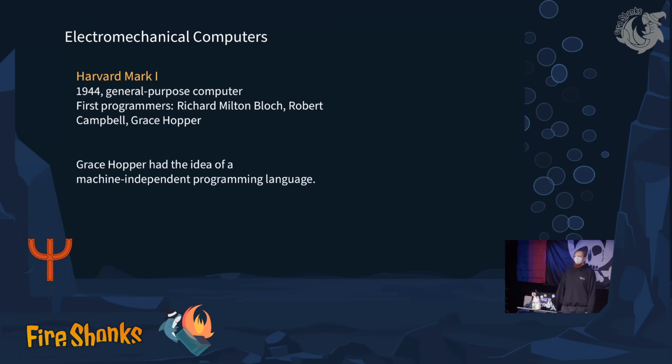So they also had the idea of maybe creating a language for computers that is independent of the specific machine, and wanted to try this because they had this idea. This language she created was called Flowmatic. But it was the basis for COBOL, which many of you will probably have heard. Even modern-day AWS, Amazon Web Services, allows running COBOL on their machines.